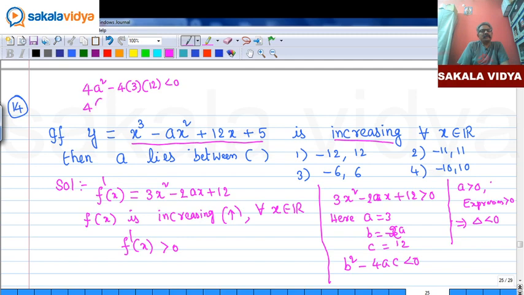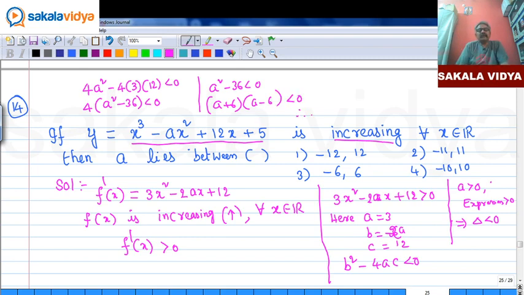Take 36 common: a square minus 4 less than 0. That is why a square minus 4 less than 0. A plus 2 into a minus 2 less than 0. Therefore, a lies between minus 2 and 2. So, the third option is the right option.